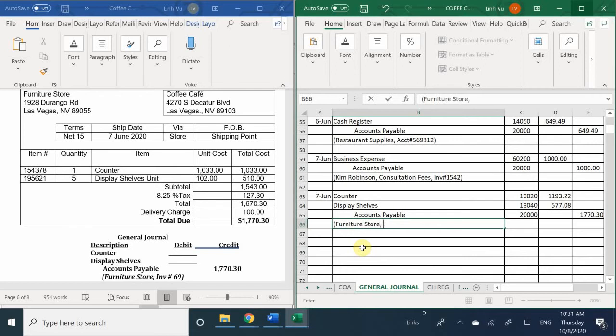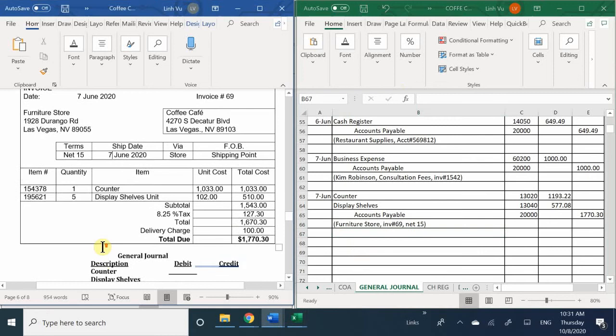Right, my invoice number is 69, and that I have net 15. That means this bill is going to be due in 15 days. Okay? All right.